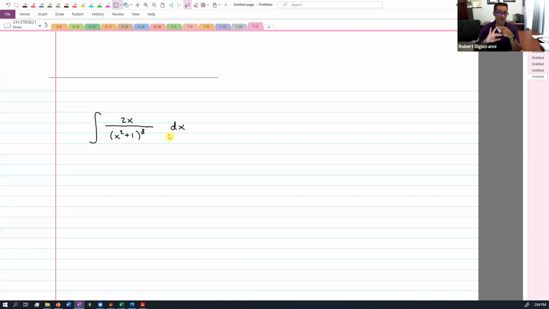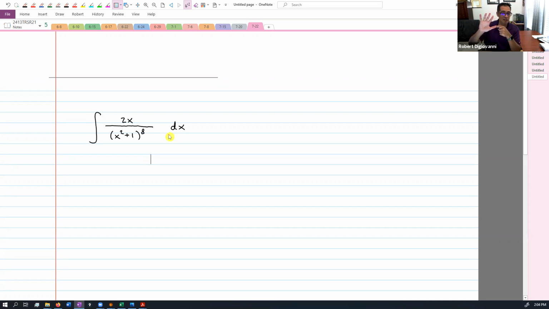The second idea is called U-substitution. That's what we're about to do. The next idea is called integration by parts. We're not doing that here. The next idea is called trigonometric integrals and trigonometric substitution.